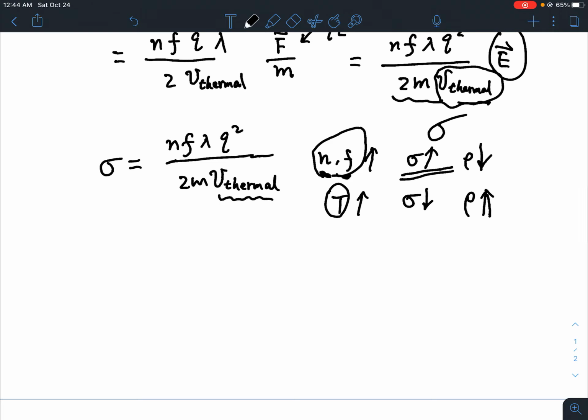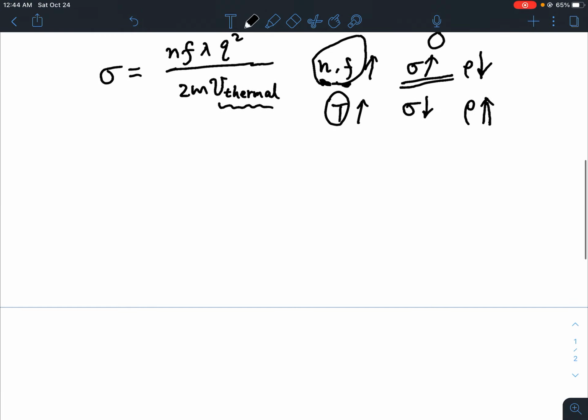The amount of work done per unit charge is V, and the charge flowing per unit time is I. So the overall power delivered due to this electrical force is P equals V times I, and because V is proportional to I times R, this is I squared times R.